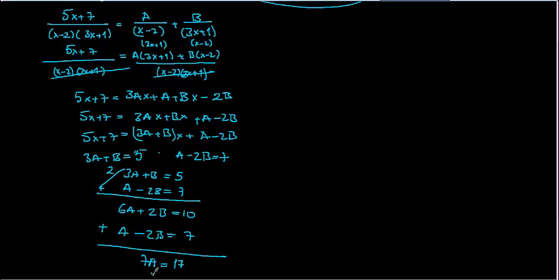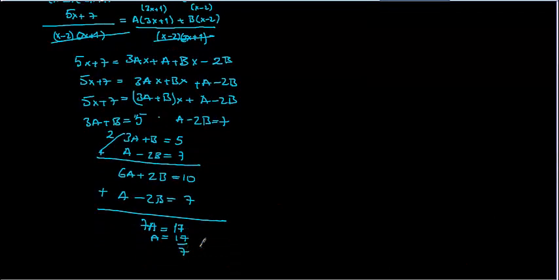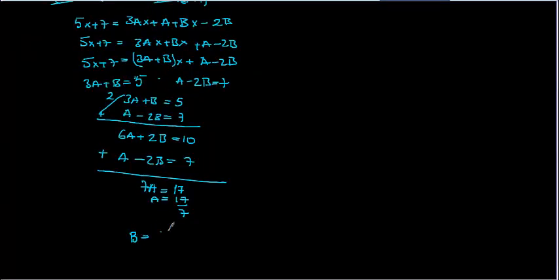Then a is equal to 17 over 7. Then b: I'm going to use a minus 2b is equal to 7. Then a is equal to 17 over 7 we found, so 17 over 7 minus 2b is equal to 7. So minus 2b is equal to 7 minus 17 over 7. 7 times 7 is 49, 49 minus 17 is equal to 32.